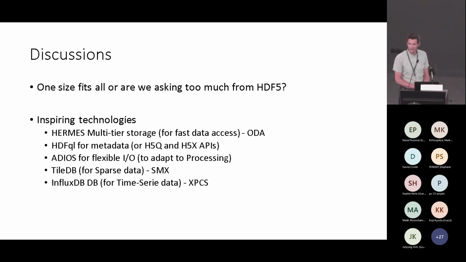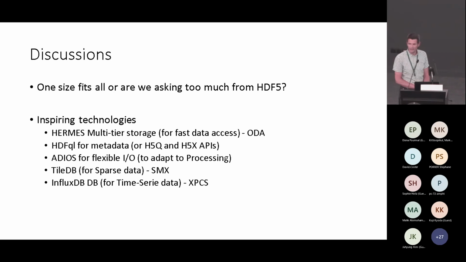To close this presentation, I'd like to open a discussion on whether HDF5 should go one size fits all, or are we asking too much from HDF5? And I listed some inspiring technologies that are used in other facilities, like RDMA, which I already told about.